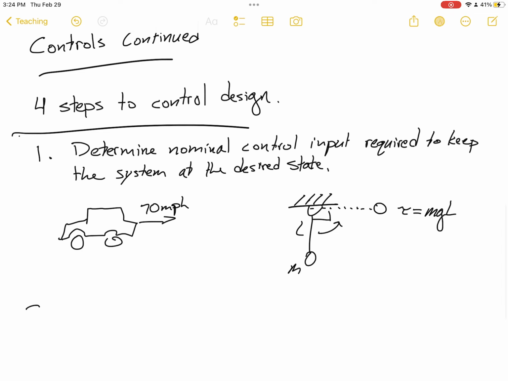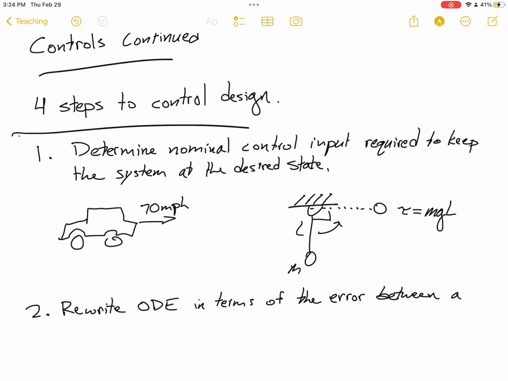So step 2 is to rewrite your ODE or rewrite your model in terms of the error between a nominal value and the actual value.